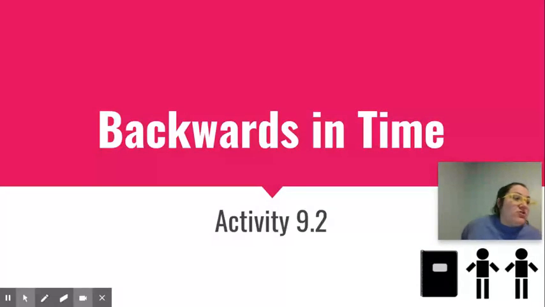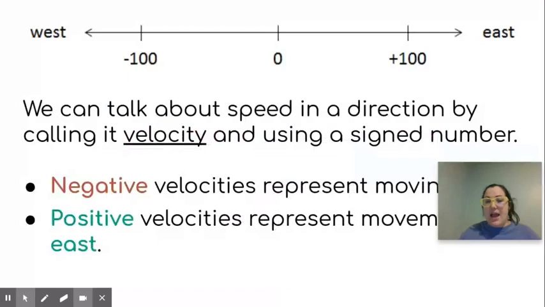Okay, we're going to start out by going back to something we actually worked with in lesson 8, which is the idea of velocity. The idea of, if you are going at a certain speed, it can be positive or negative, but speed is positive or negative in terms of direction.